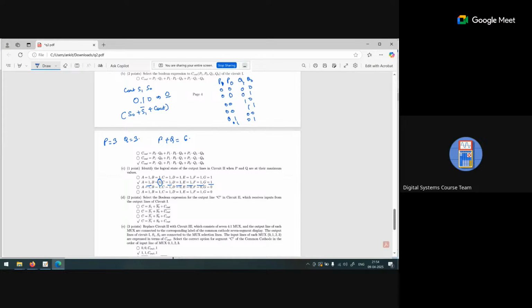So write down the max sum for 0 1 0, for 2. It is S0 plus S1 bar plus C now.